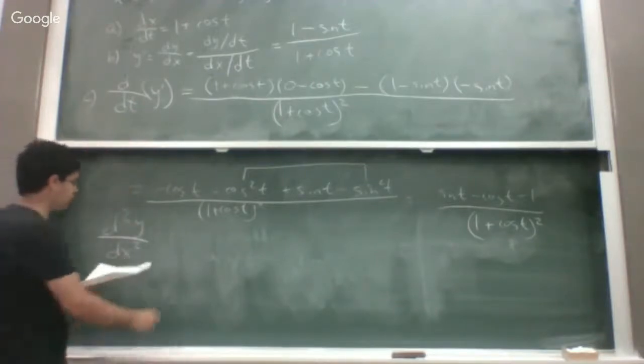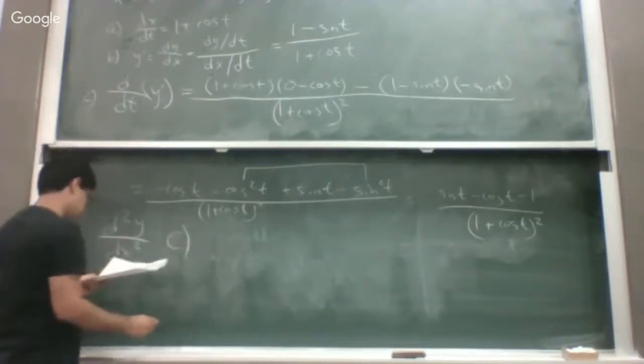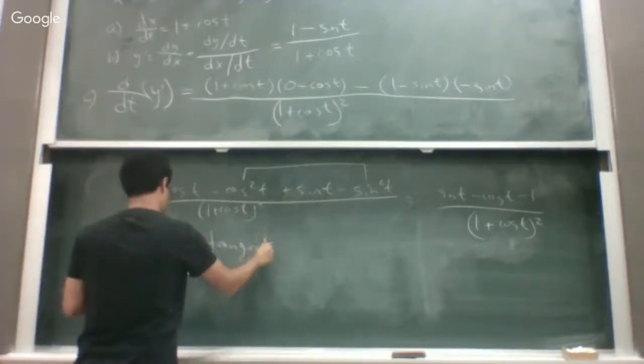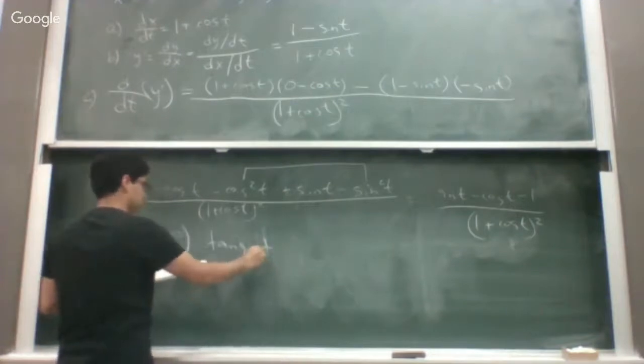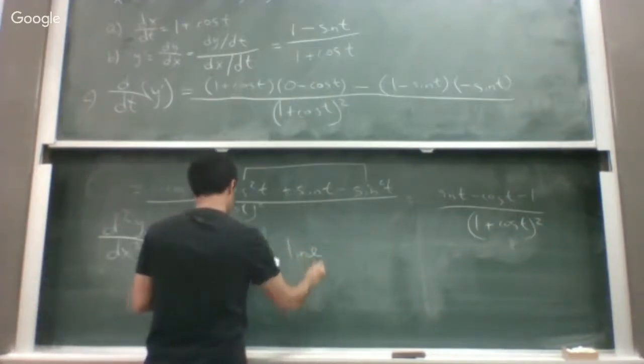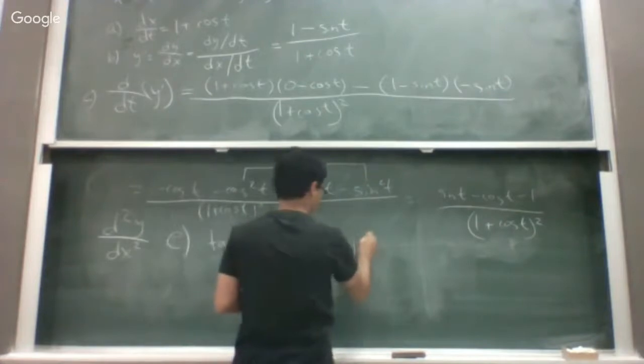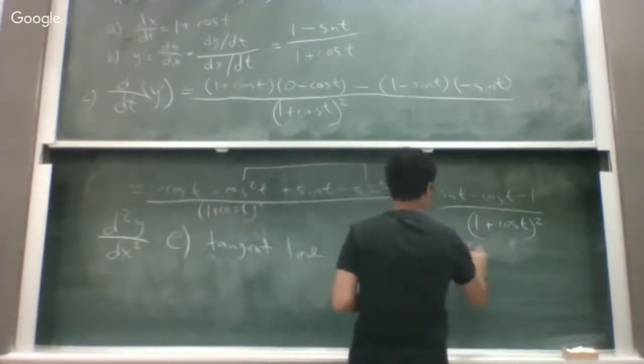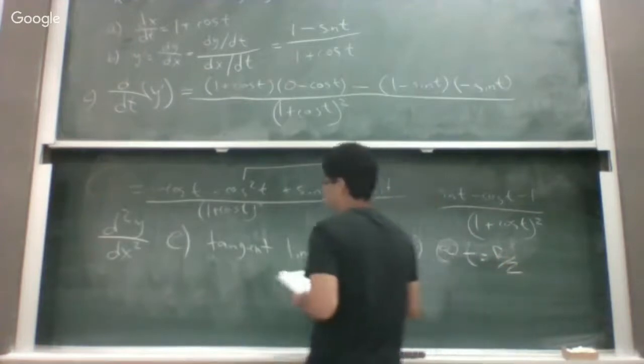Because part E is finding the tangent line y equals f of x at t equals pi over.